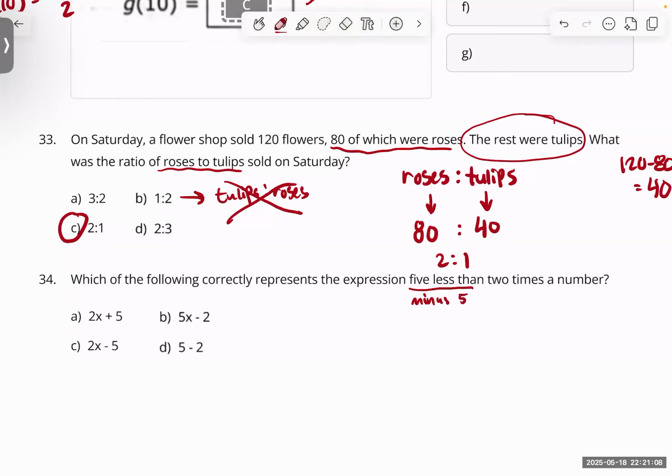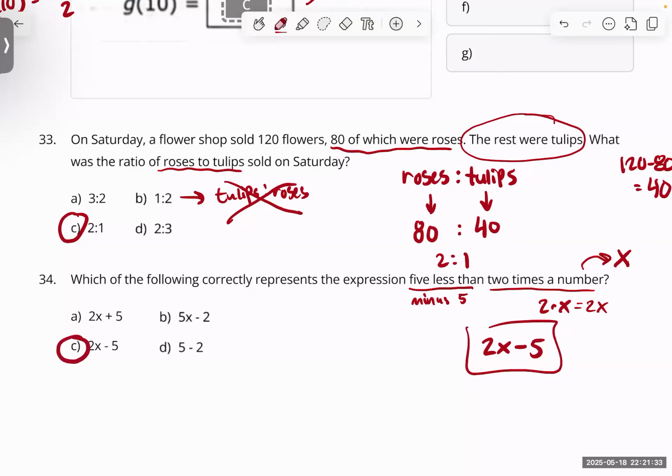And right off the bat, I already see my answer, but let's just keep going. Than 2 times a number. Do we know what this number is? No. I'm going to assign it a variable. 2 times a number is 2 times x, which is 2x. All right, well, clearly 2x minus 5. That's my answer. It matches this. And again, you can think about eliminating bogus answers. So if it's minus 5, well, none of these are minus 5.